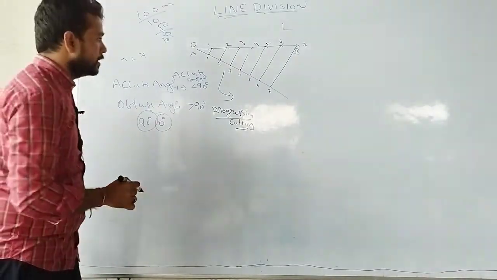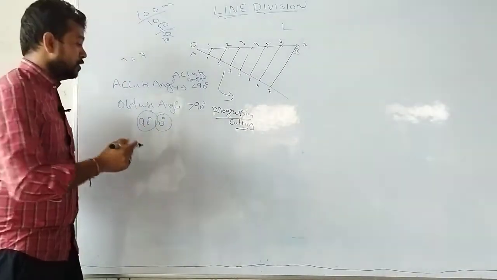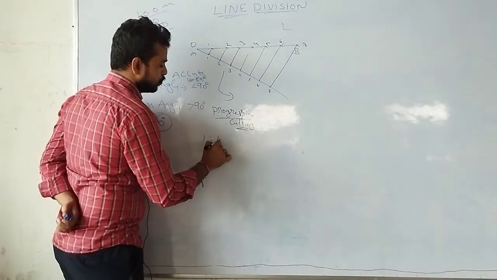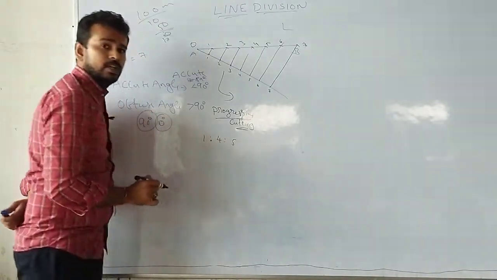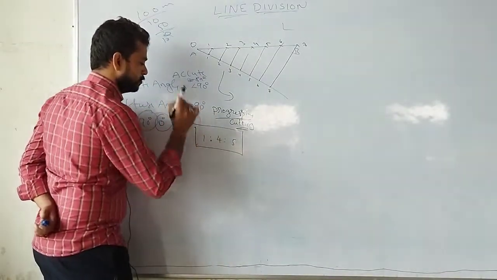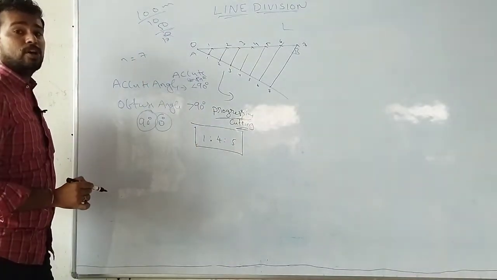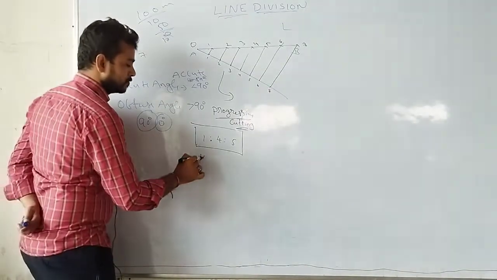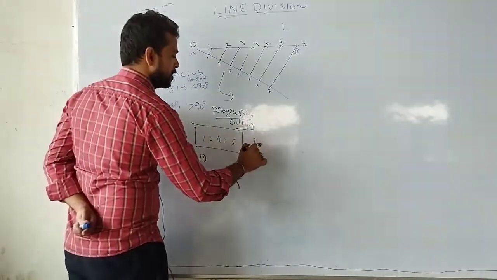Next, they will ask you, if the line is divisible in 1:4:5 ratio, then the number of equal divisions we can make on this line will be 10. How, sir? It's 1 plus 4 plus 5.